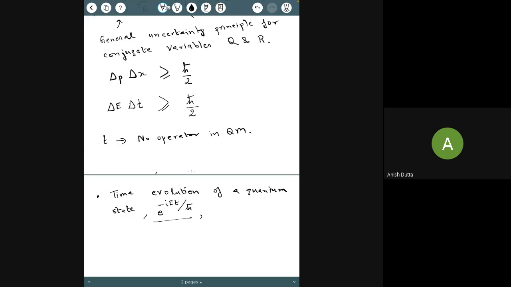And if I talk about a non-stationary state, so this is a stationary state I'm talking about.